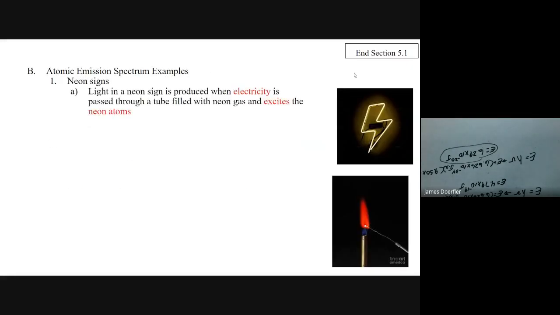So if we look at neon signs, okay? Light in a neon sign is produced when electricity is passed through a tube that is filled with a neon gas. When that happens, you excite the neon gases. Now again, we get various colors of these lights through using various elements in their gas state. Not just neon, we just associate neon with these signs. And so those neon atoms become excited. They don't like it so much.